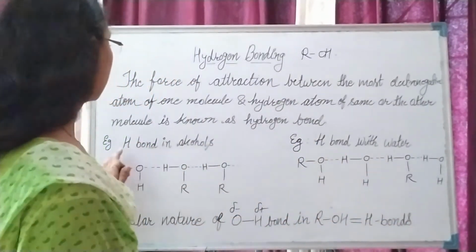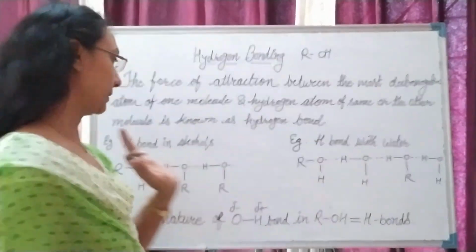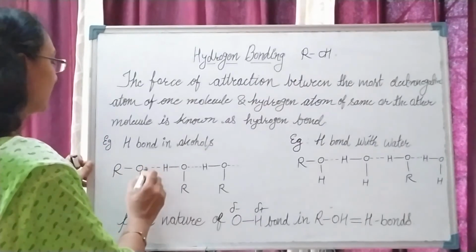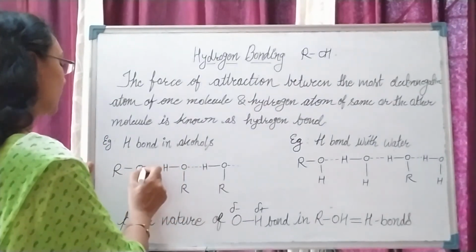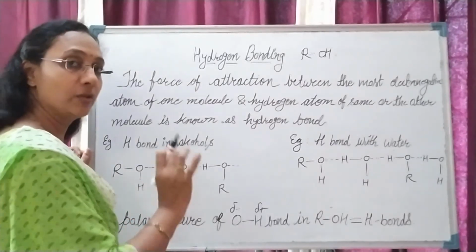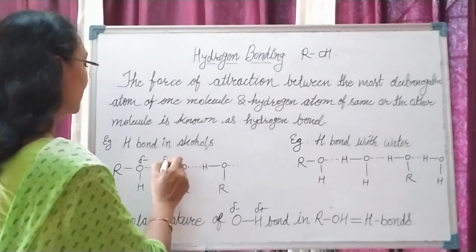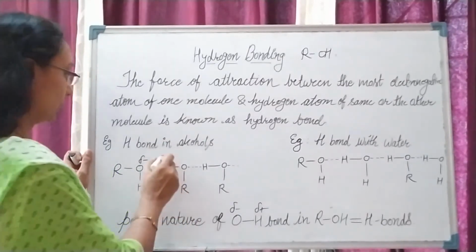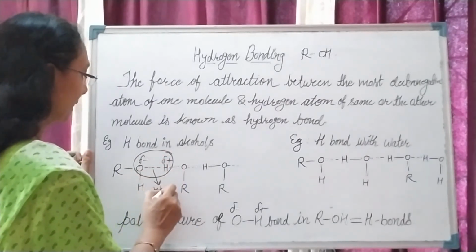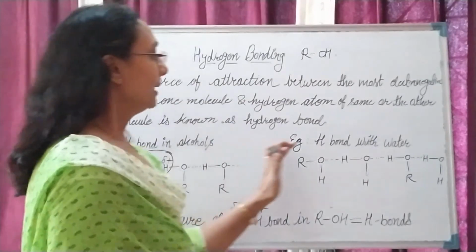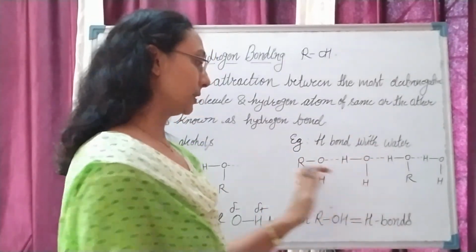Okay, we will see the example of hydrogen bond in alcohols as well as the hydrogen bond with water. See, ROH, this is one alcohol unit. HOR, this is another alcohol unit. There is a formation of a bond between the partial negative oxygen and partial positive hydrogen. This is called the hydrogen bond. Similarly, in case of the hydrogen bond with water, this is the alcohol unit, this is the water unit.